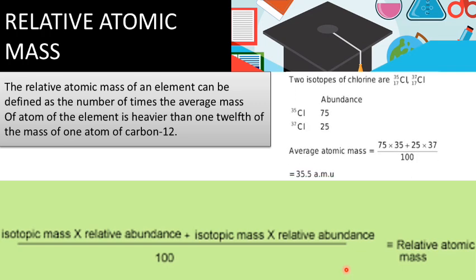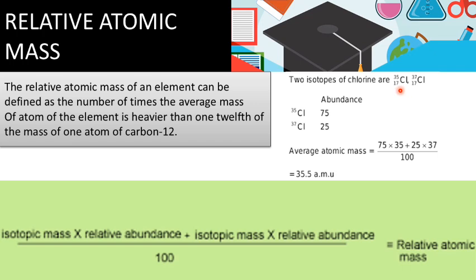Take a look at this. I said that isotopes are elements with the same atomic number but different mass numbers. Now we have two isotopes of chlorine, which are chlorine 35 and chlorine 37. If you look at the number below, we have 17 and 17. That represents the atomic number.